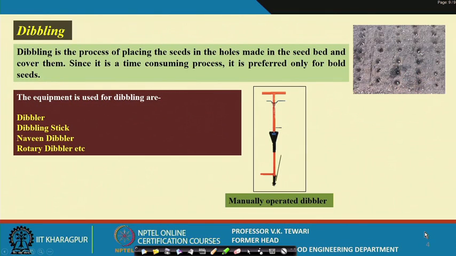What are other methods? One we have talked of, another is dibbling. This is a very old method, practiced by our ancestors when they wanted the seeds to be put at some location in the field. I had seen it used to be about a quadrant in which pointers are put and the person can simply operate it, and holes will be made.